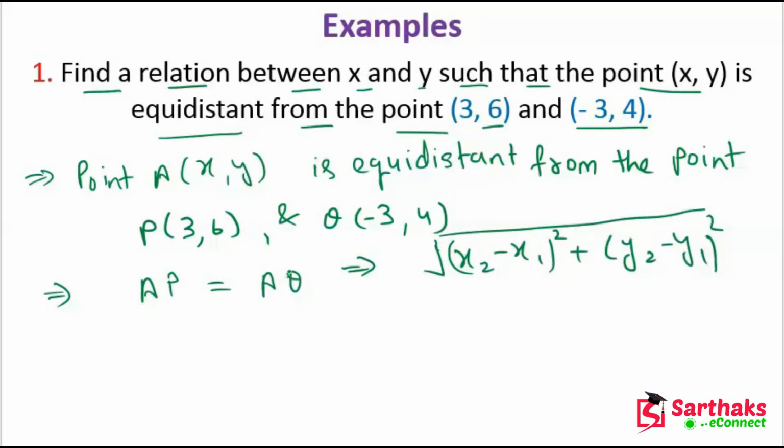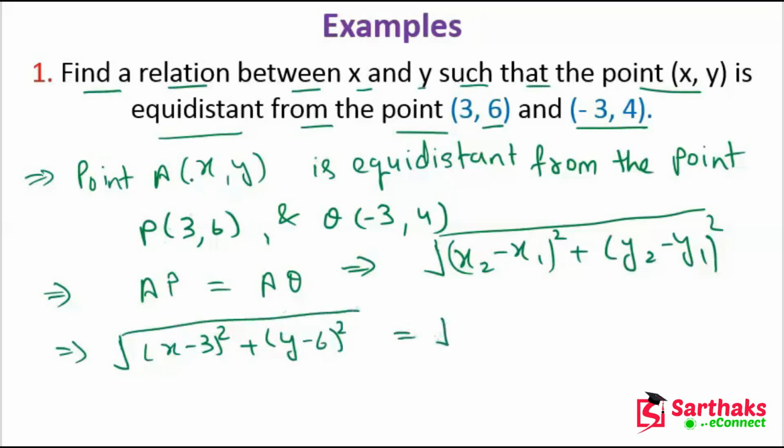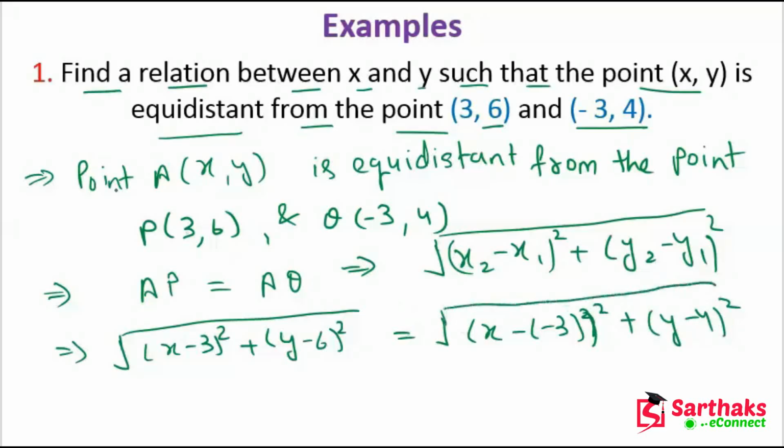Now what is AP? We have A is (x, y) and P is (3, 6). So we can write it as the square root of (x minus 3) whole square plus (y minus 6) whole square is equal to AQ, which is the square root of (x minus of minus 3) whole square plus (y minus 4) whole square. I hope you understand these things.